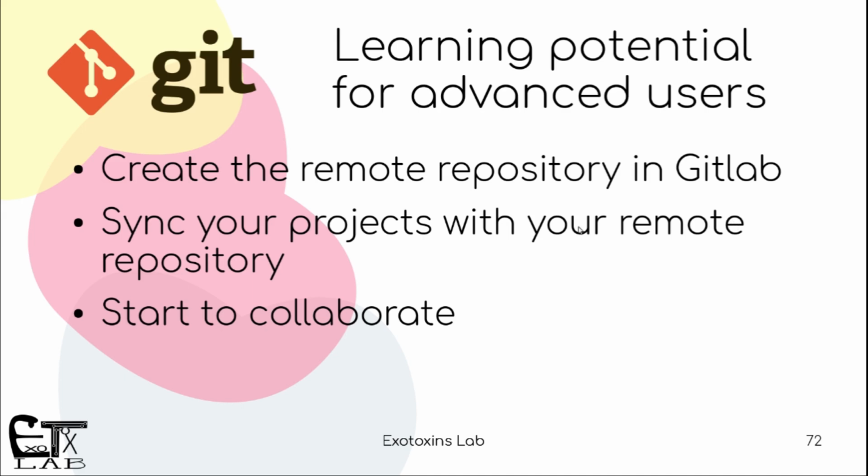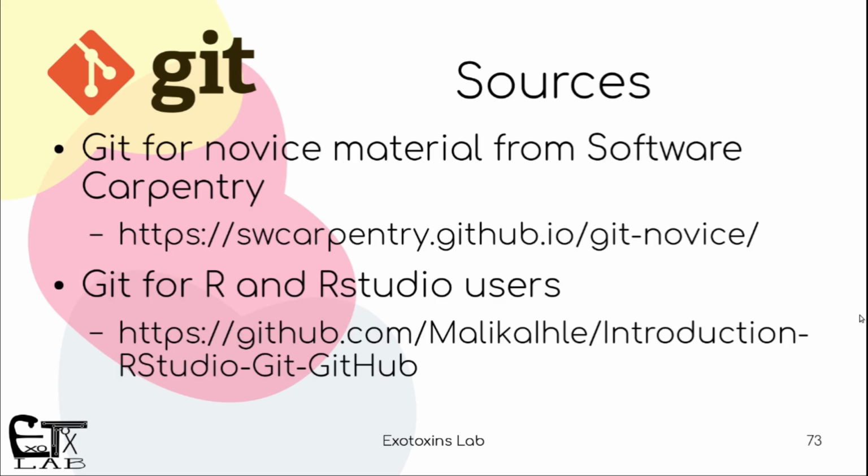And then you can synchronize your projects with your remote repository, and you can start to collaborate, because other people will have access if you give them access to your repository, and start to improve your code or work together.